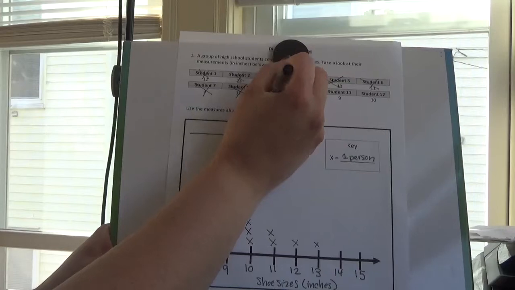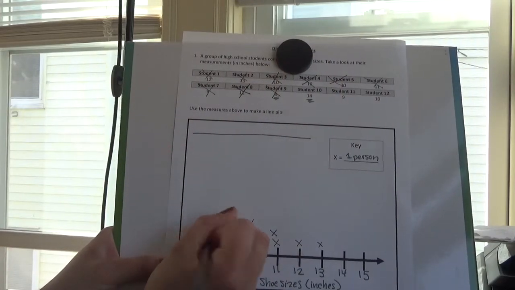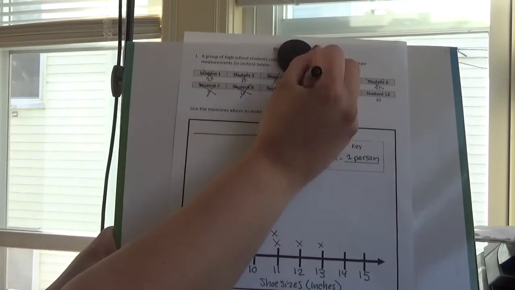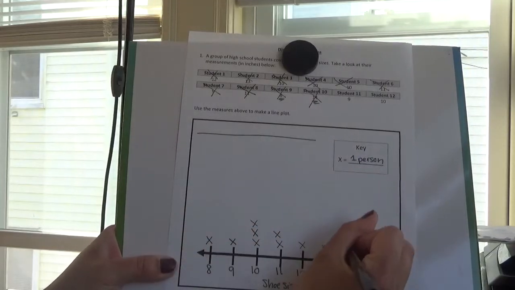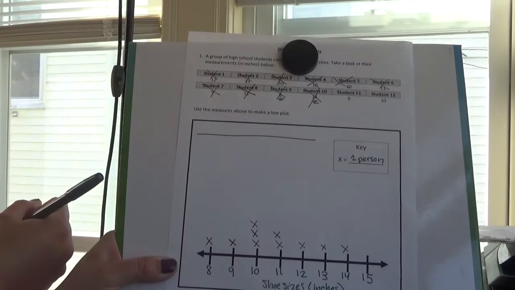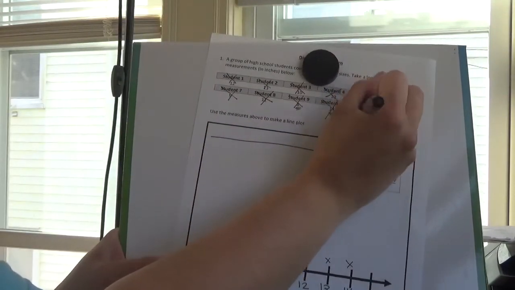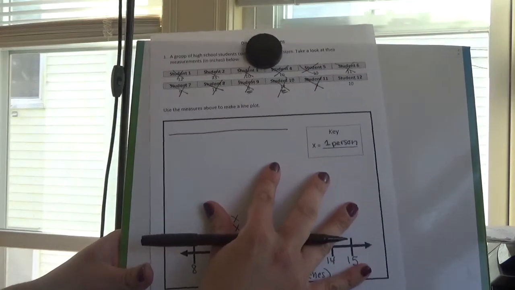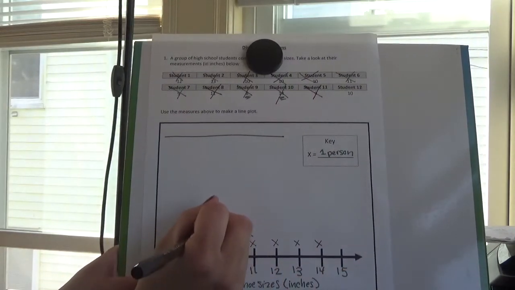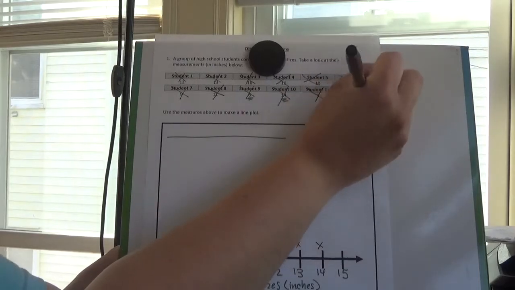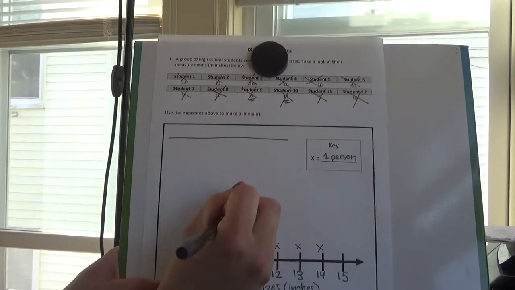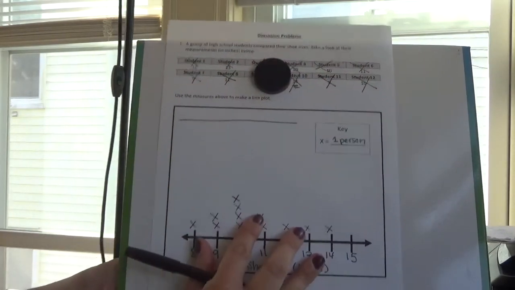Student number 9 has a size 8. I'm going to mark it with an X. Student 10, size 14. We already talked about how that's the largest size. Student 11 has size 9, and my paper keeps slipping here. So I'm going to mark an X above the 9, and student 12 has a size 10. So I'm going to mark an X above that again.